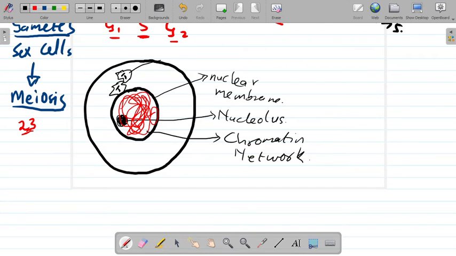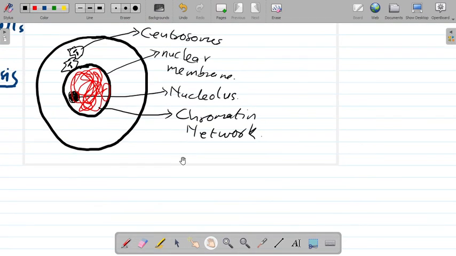So these are what we call centrosomes. Good. So this is a cell in interphase. Nothing special about it at this point. Now it's about to go into mitosis. And what's going to happen in mitosis? We're going to get into it.